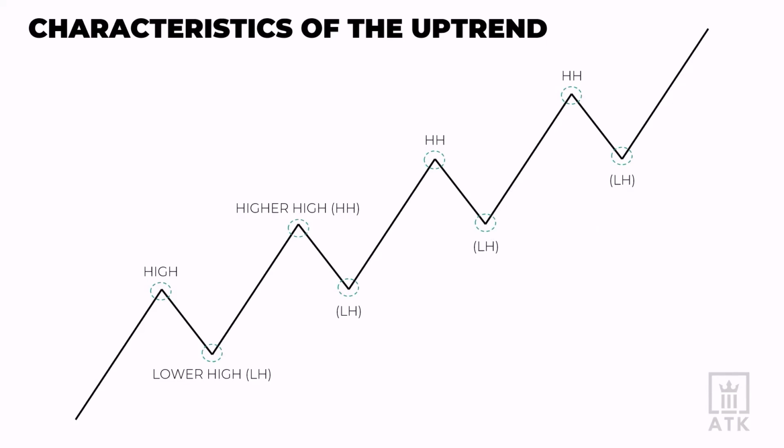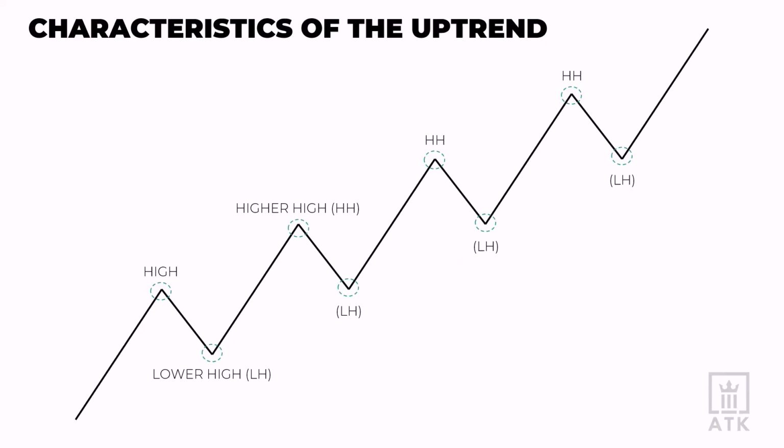All right, so visually, just look at this, absorb this picture, because this is very important, and it's called market structure. Market structure is intact. It's producing higher highs, and it's producing higher lows or lower highs.